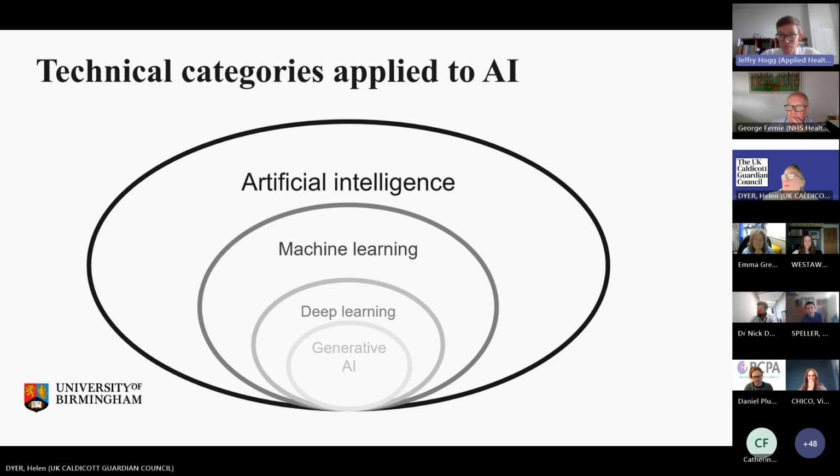The reason it's the biggest shell here is because within some of those definitions, we can include rules-based systems that essentially automate a human logic, which doesn't align so closely with some of the newer technologies we hear of.